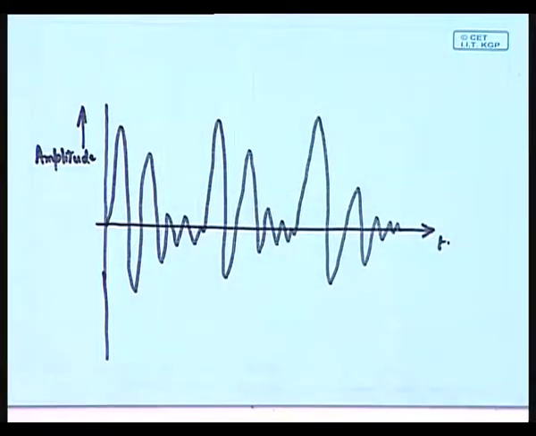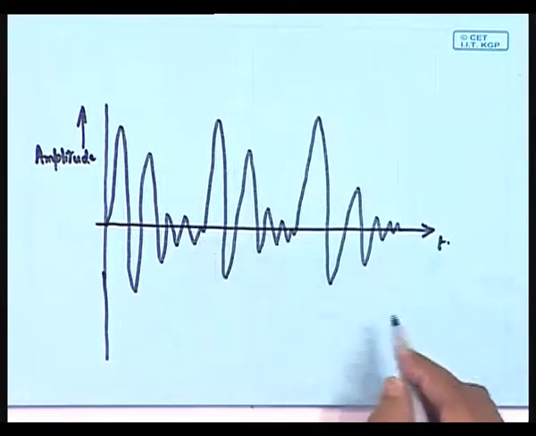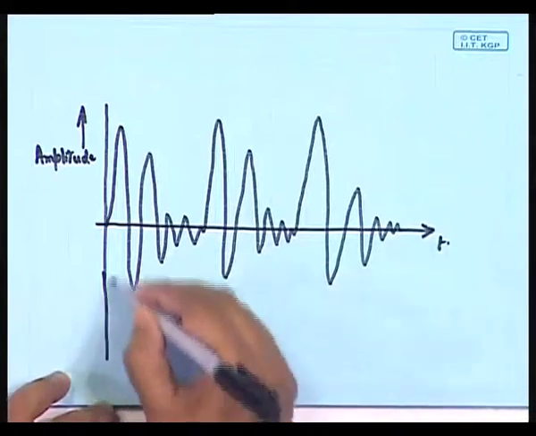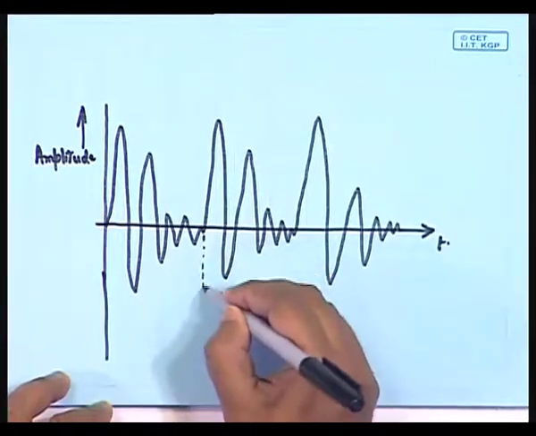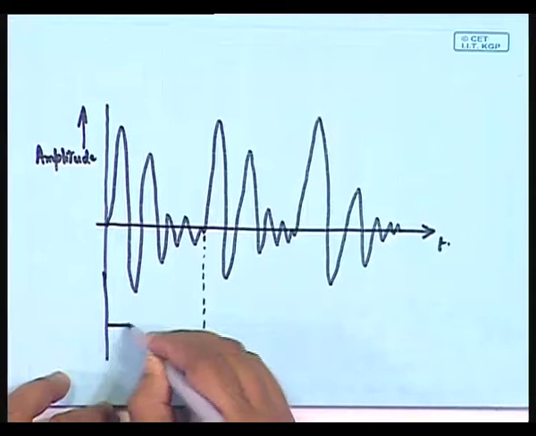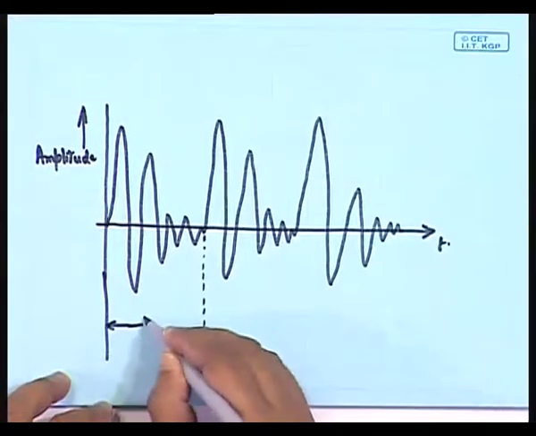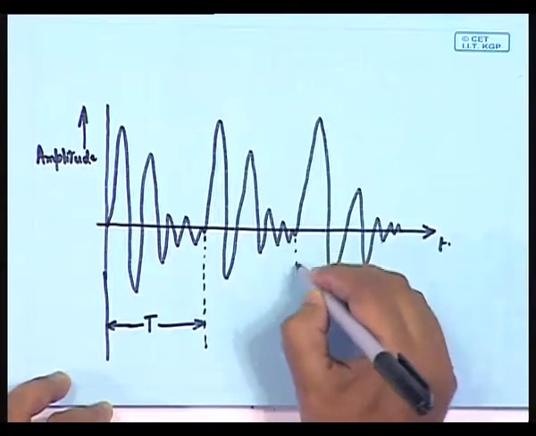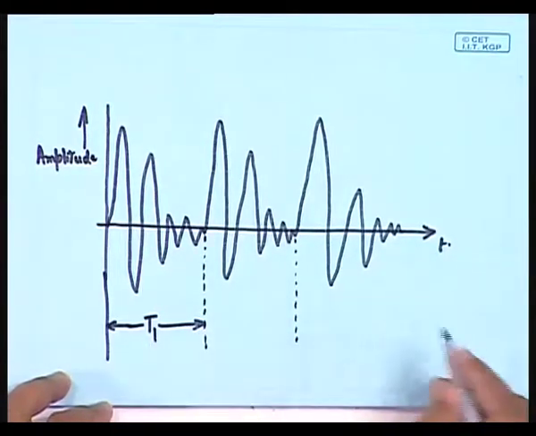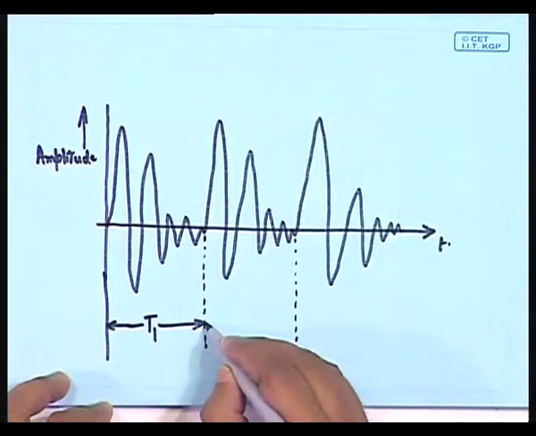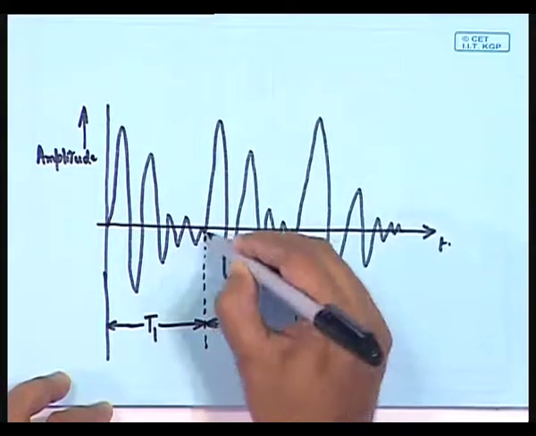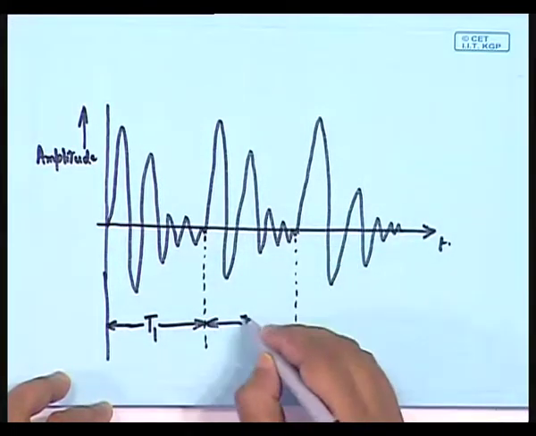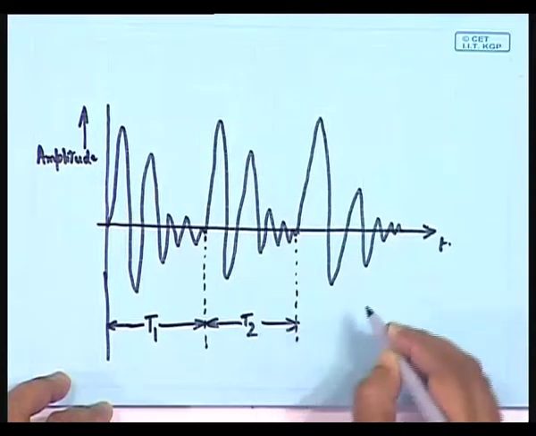Can you see now a kind of periodicity? Well, if you take the waveform from this instant to this instant and call this time t, and again from this instant, say we call this time t1, and from here to here we call this time t2.